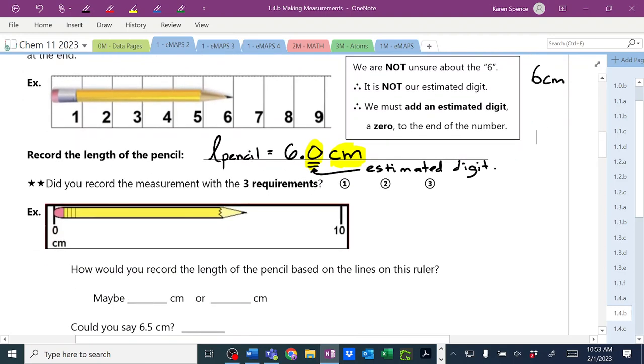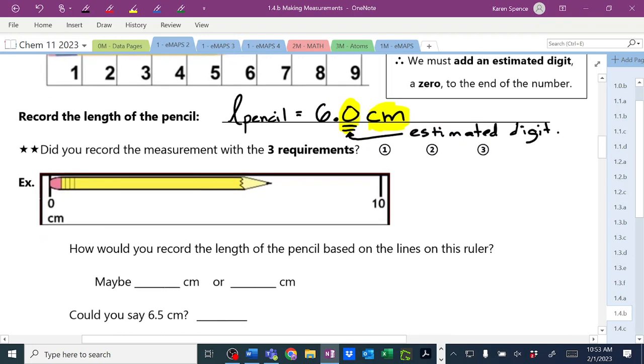All right. Now, here we have a very silly ruler. It's only got markings at 0 centimeters and 10 centimeters. How would you record the length of the pencil based on the lines on this ruler?